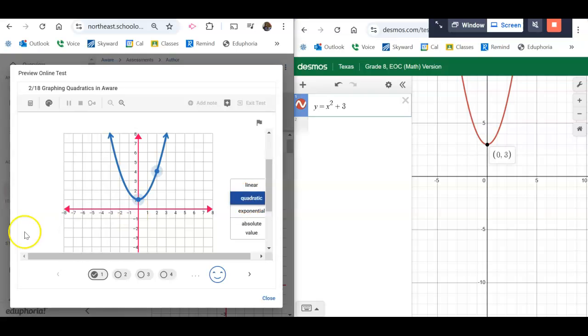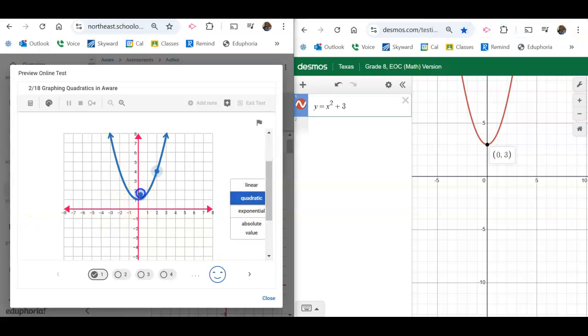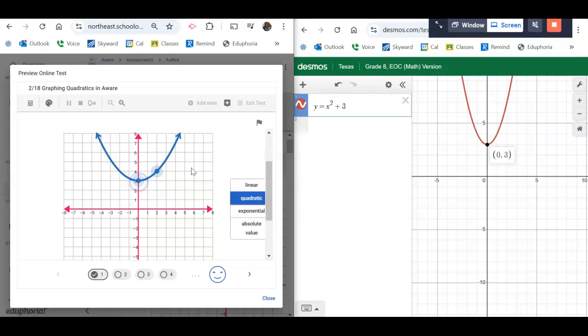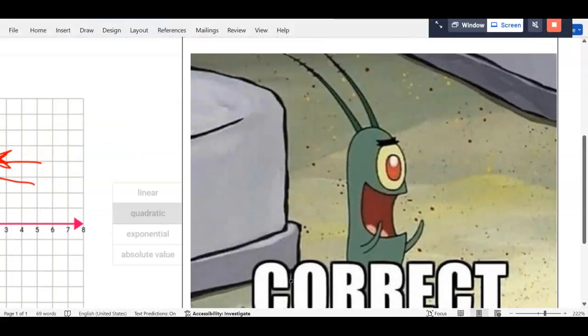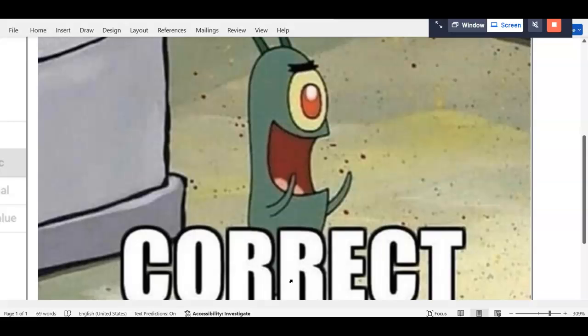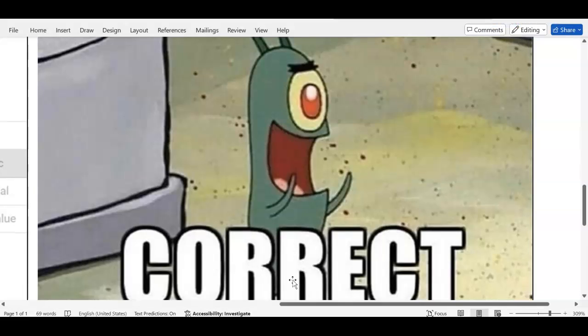Quadratic, right? I'm going to drag the vertex to 0, 3, click. And then the next point I see right here is at 1, 4. So I'm going to drag this point to 1, 4. And now I am correct. Is that easy? Hopefully, not too hard.